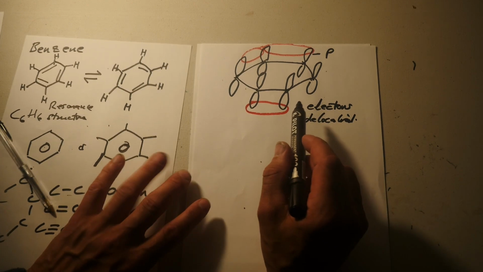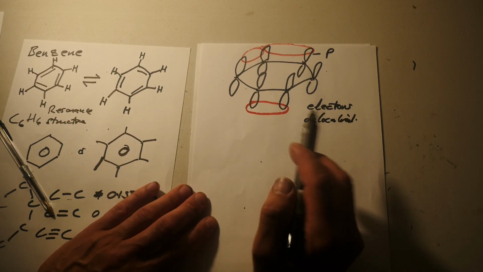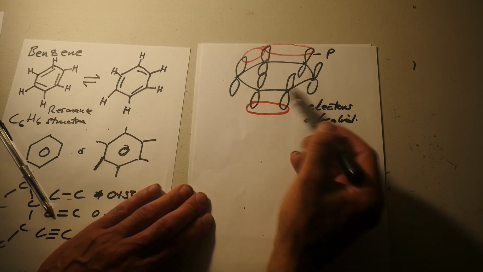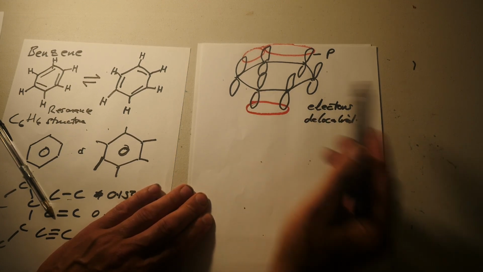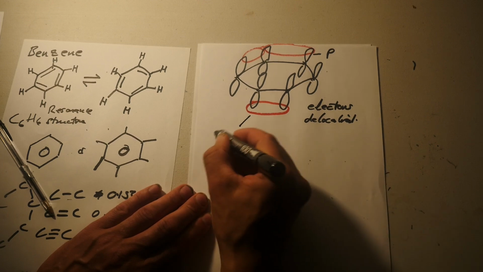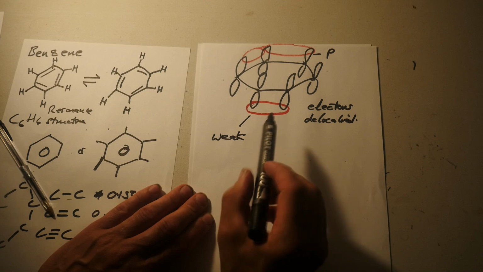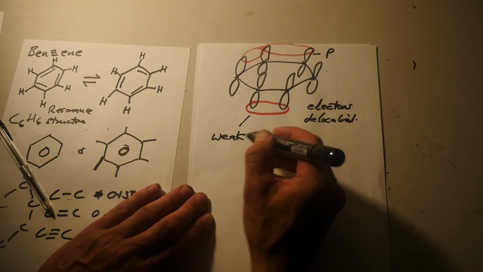It's a similar kind of idea of delocalized electrons, although the structures are different. So in these overlapping p orbitals you get weak overlapping of adjacent sp2 orbitals.